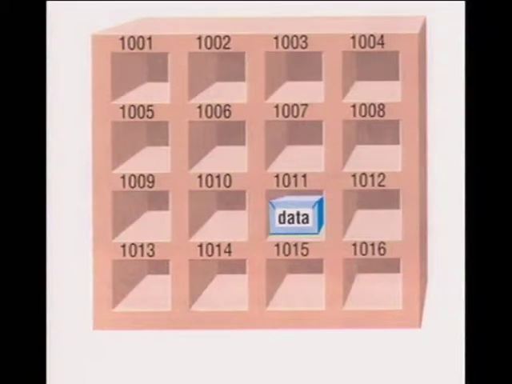Look at this picture here. Your computer memory is like this. Every memory location has an address. It has a name. So what you do is, okay, computer, in location 1011, the student marks will be there. So anytime I say location 1011, what do I have there?